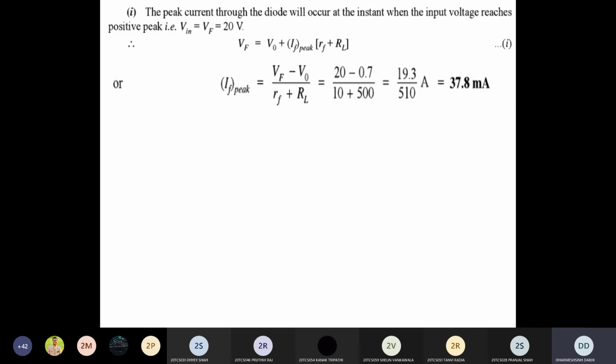Same way, calculate the peak value of output voltage. Second thing for this circuit, the peak value of output voltage or load voltage. Here you get the peak value of diode current. So what is the peak value of your output voltage, or maximum value of output voltage? So how's the equation?